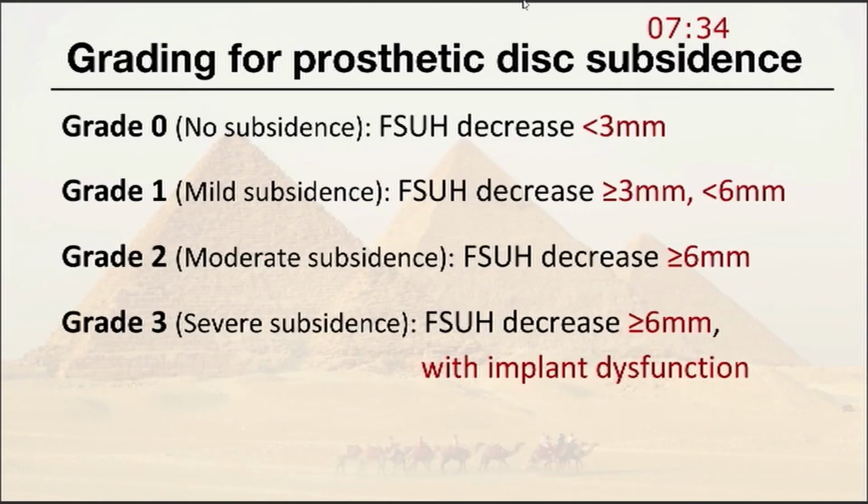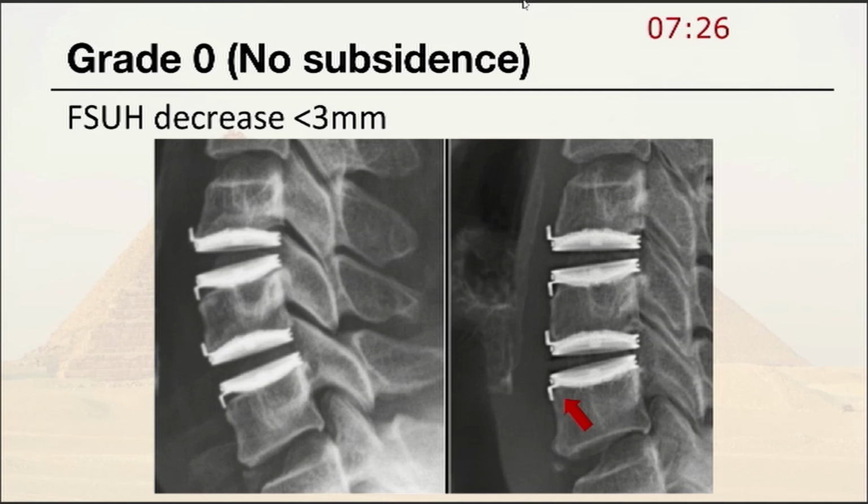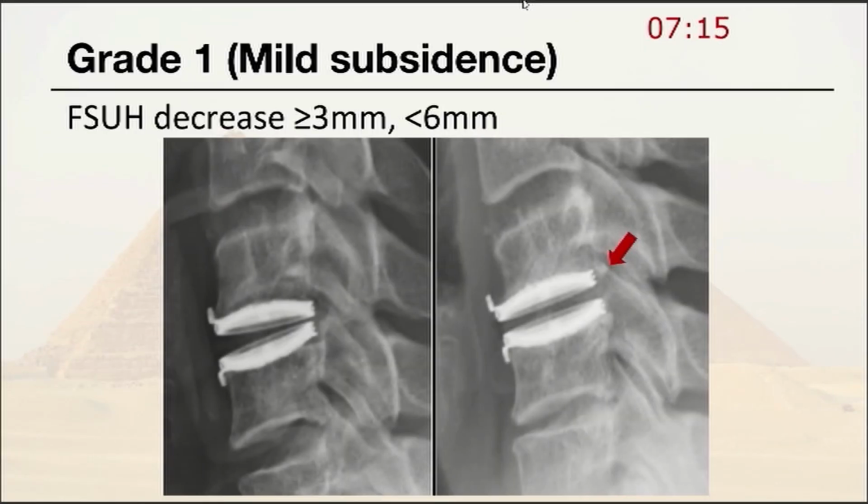We also established a grading system for the subsidence of the prosthetic disc. When the FSUH decreases but is less than 3 mm, it's classified as grade 0, which means no subsidence. When it decreases by more than 3 mm but less than 6 mm, it's classified as grade 1, mild subsidence.